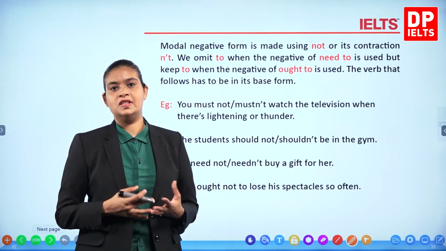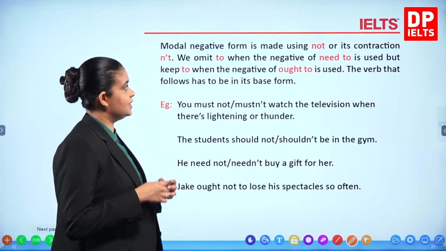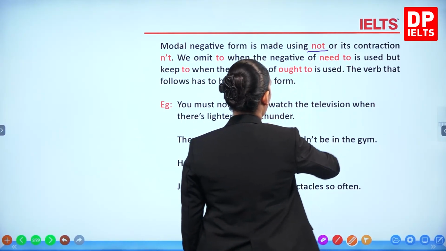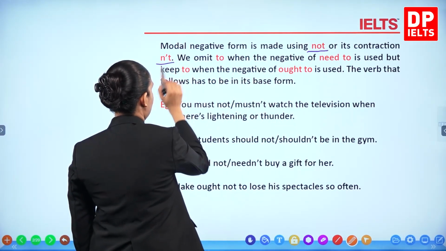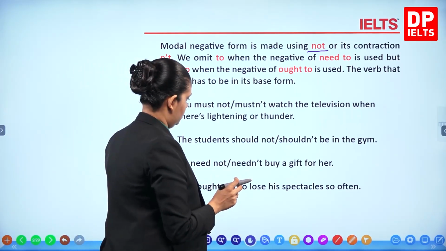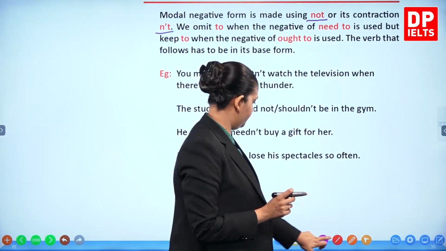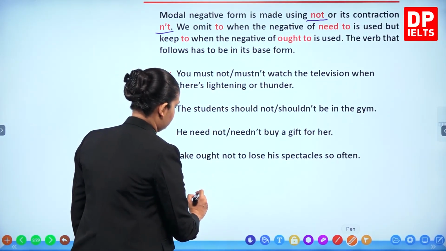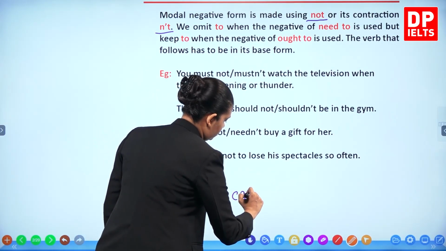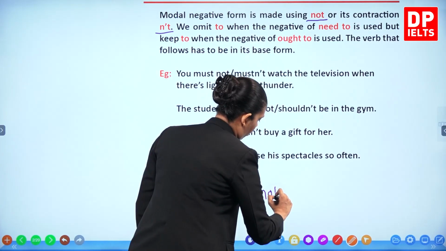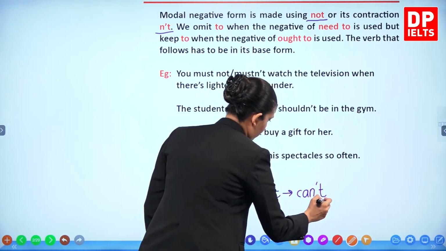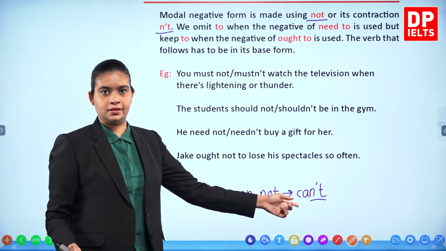In terms of modals being used in the negative form, this is made using not or its contraction n't. For example, can becomes cannot, or we can say can't. This is a contracted form.